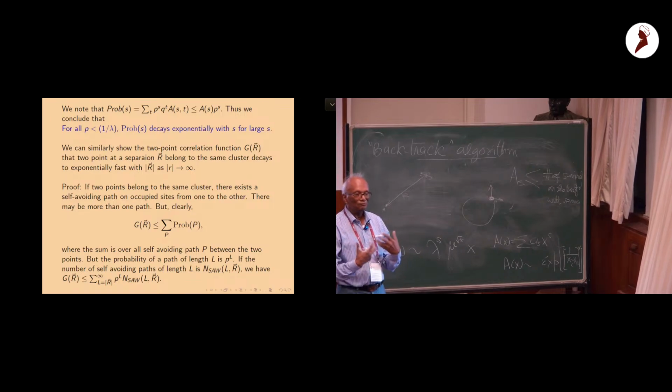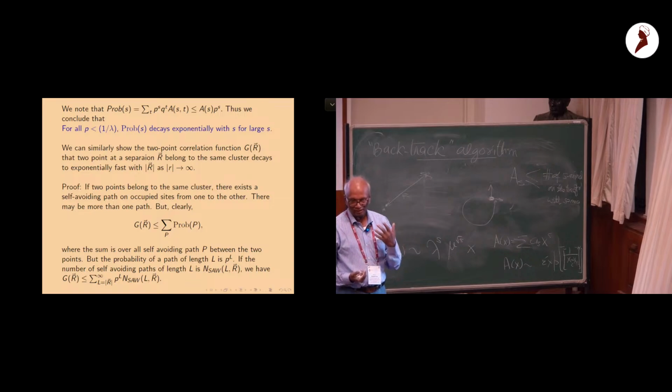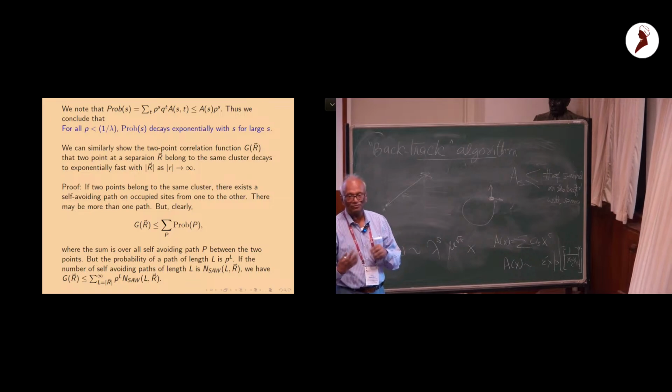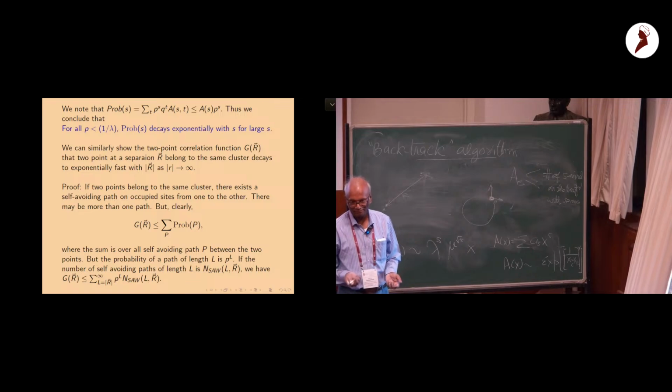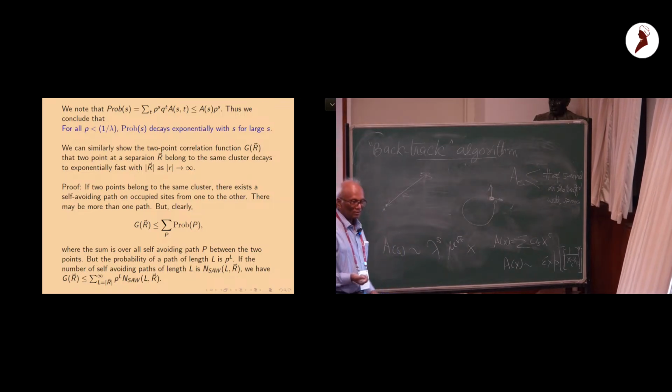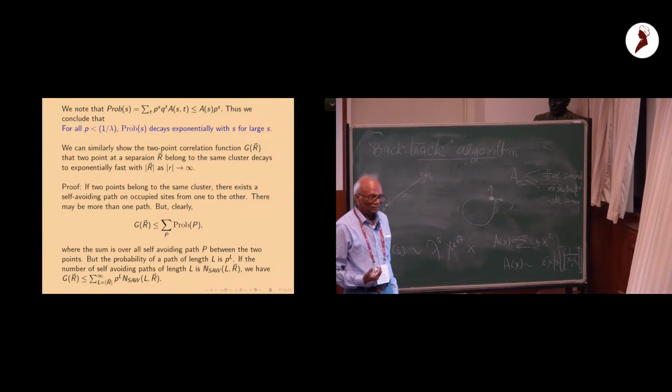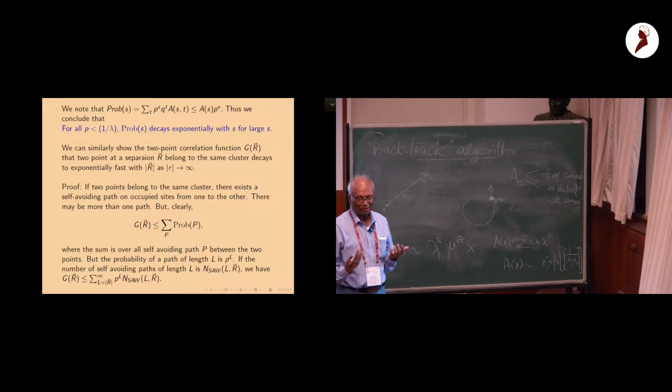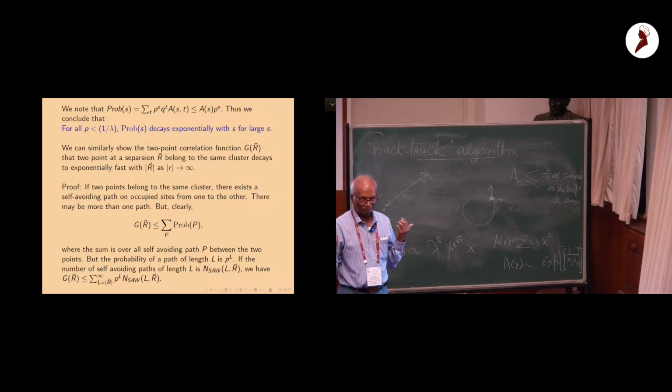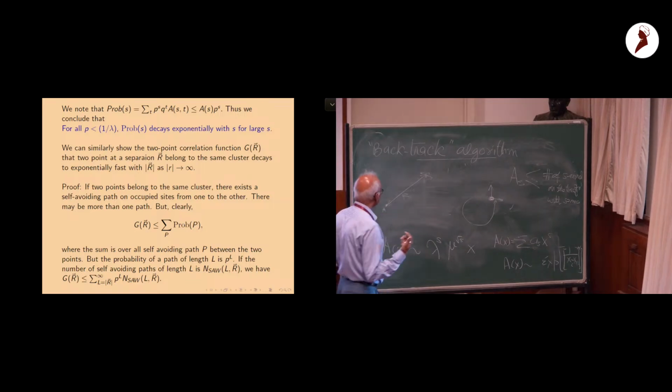That is a typical 2-point correlation function we will discuss. In probability theory, this is the 2-point correlation function. So the proof is that for p small enough, this decays exponentially with r. Okay? So what is the proof?